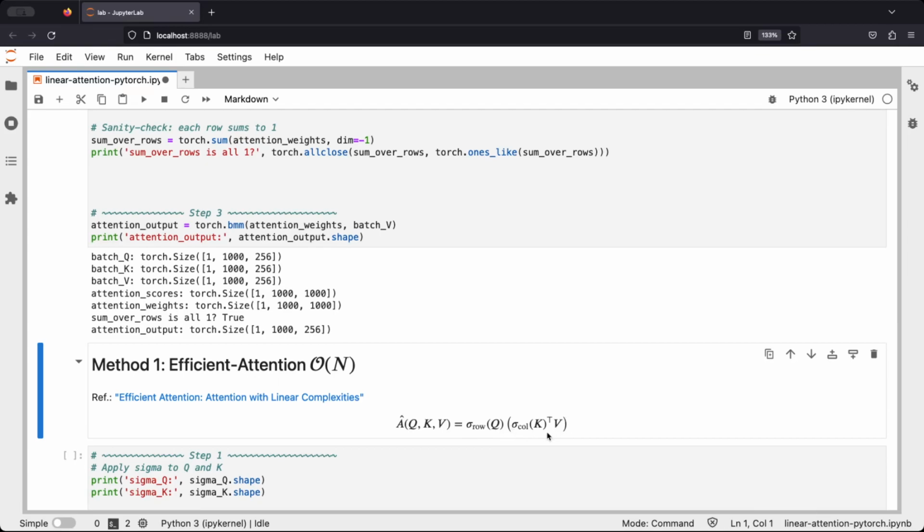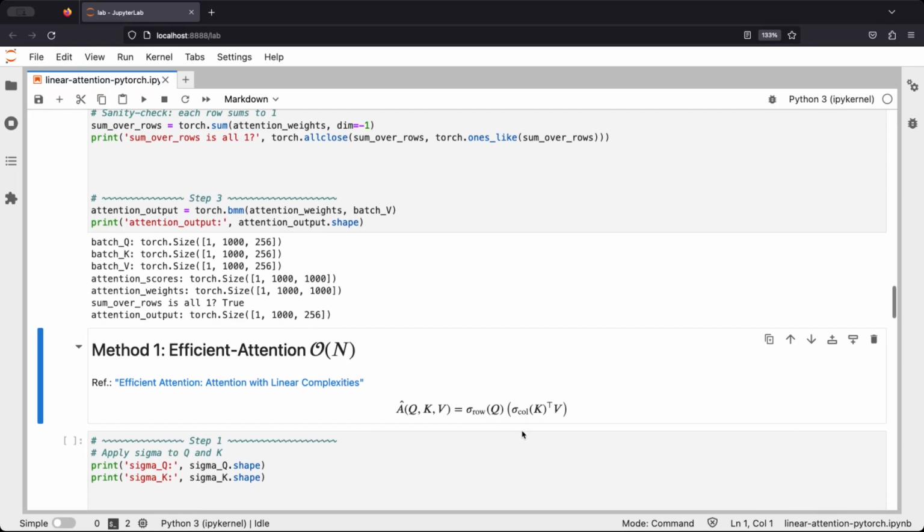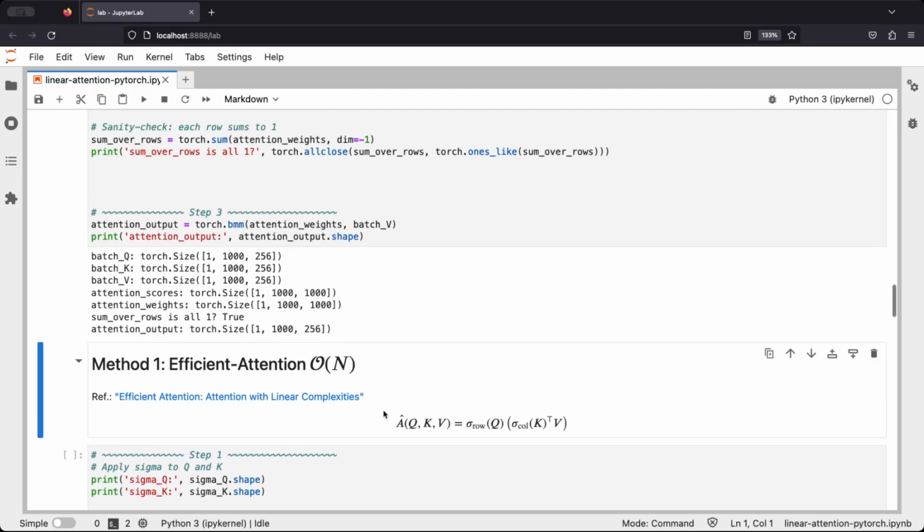By changing the order of computations, they reduce both the memory and computational complexity. The sigma here stands for softmax. When it's sigma row, it means it is applied to rows, and when it's sigma col, it means it is applied to the columns. For the rest of this video, we will be using just the normal q, k, and v, not the batched versions.